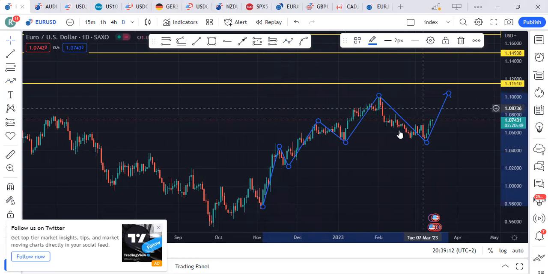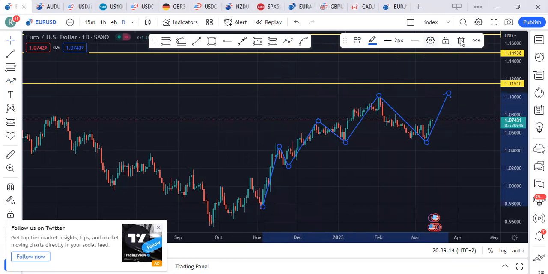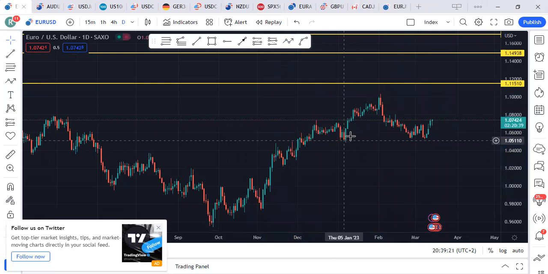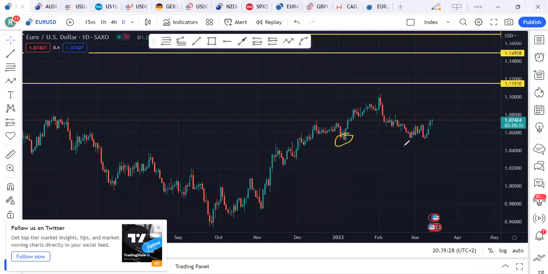But what we have seen is that the market has come down and bounced in this area, which is very, very important with regards to our previous low here. If you look at this previous low that we touched on, this is a very important low where the market never exceeded below it. So in this particular case, I'm still looking to see the market pushing towards the top side, especially on the smaller time frames.